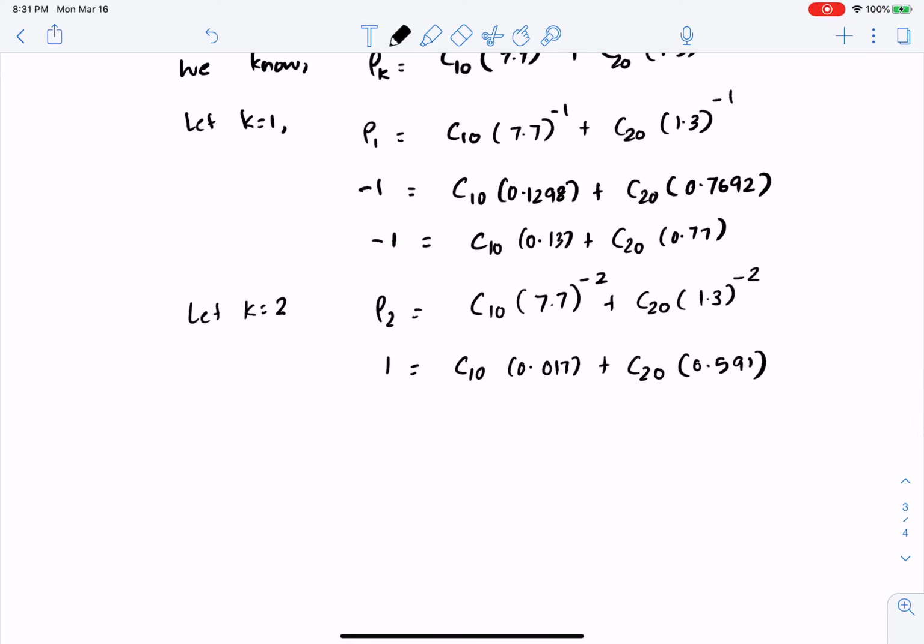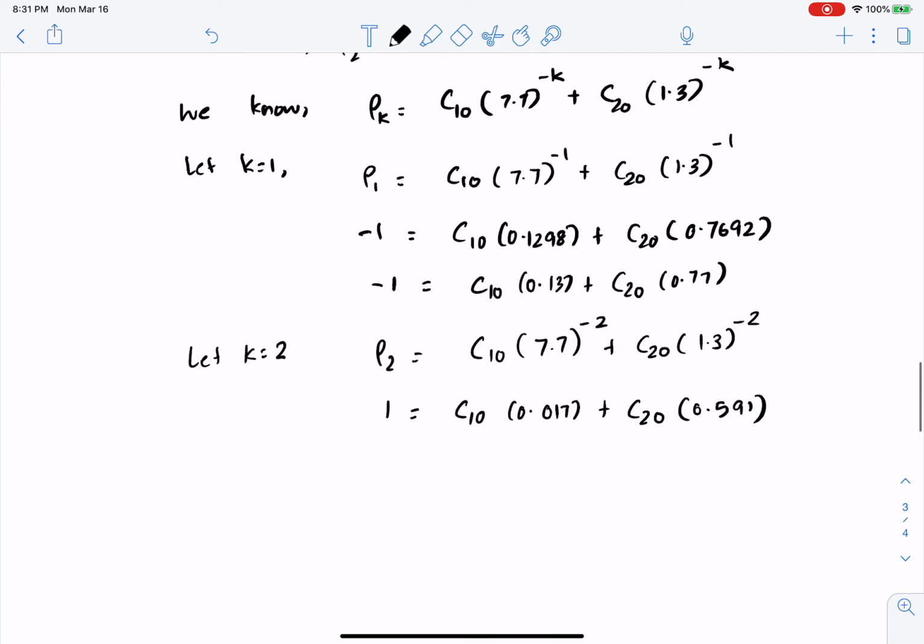We can only go up to 2 autocorrelations to determine the constants because this is an AR2 model. If this were an AR3 model, we could go with k equals 1, 2, and 3, and use those values to find the constants C10 and C20. So now we end up having 2 equations, equation 1 and equation 2.